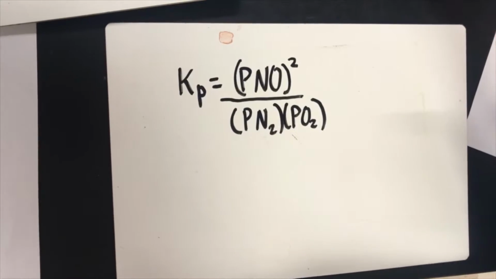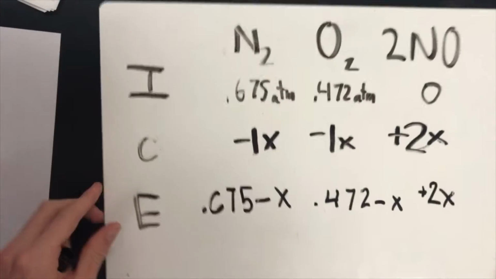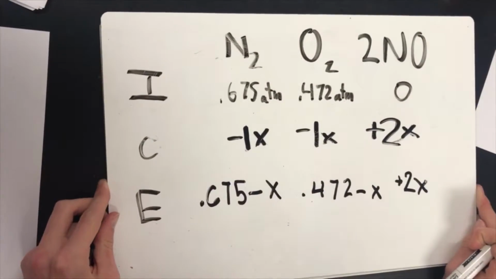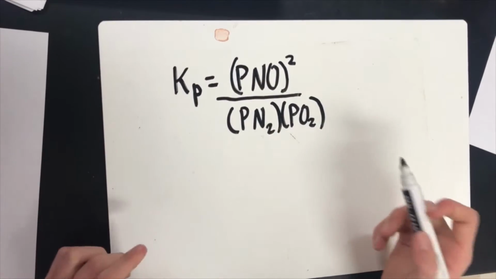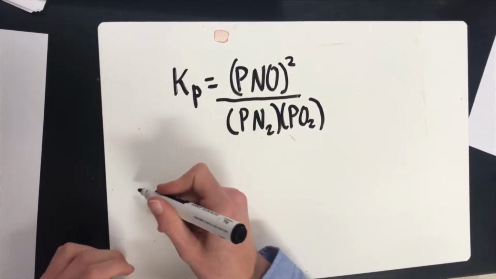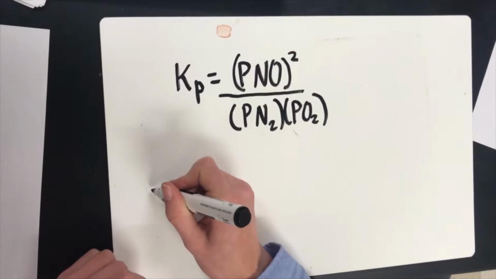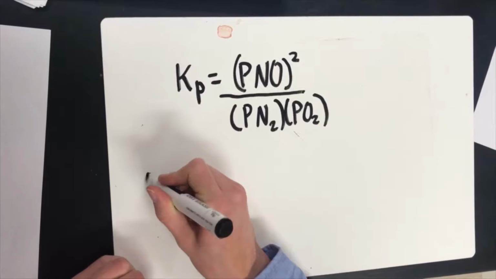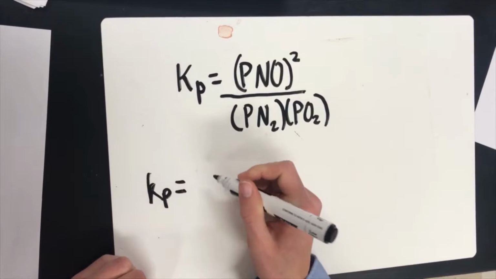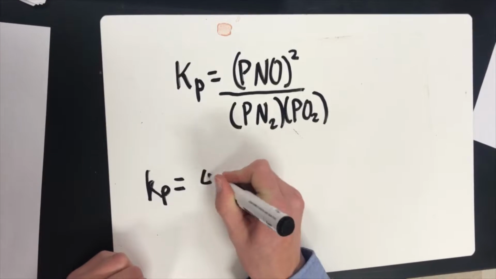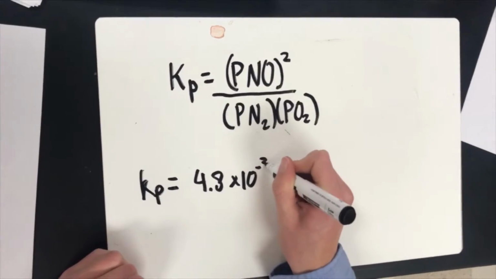Now, in order to solve for x, we substitute these previous values into this equation. We're just going to make up a number for the original Kp, saying that Kp at equilibrium is 4.8 times 10 to the negative 31.